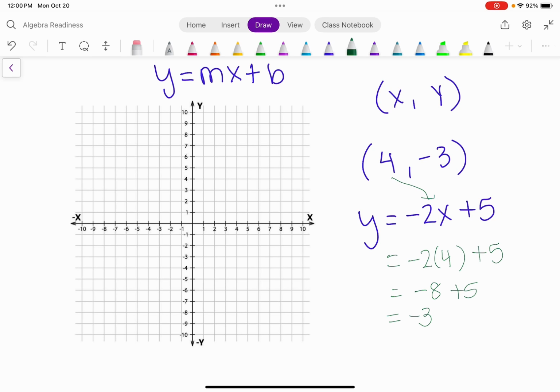When x is 4, y is -3. That's a solution to the linear equation y equals -2x plus 5. So I could represent that solution on my graph.